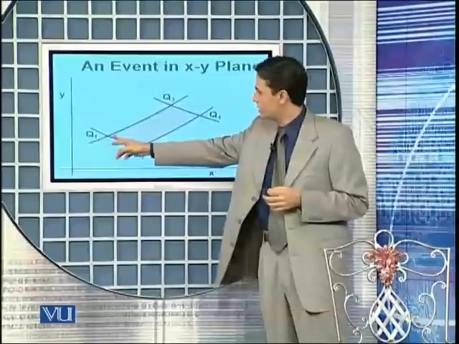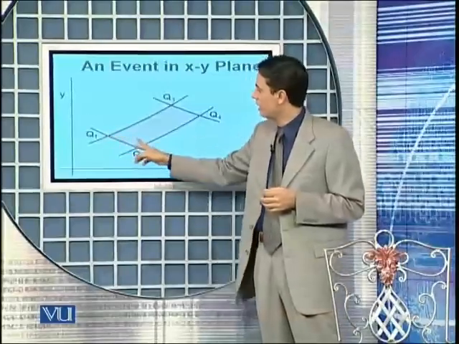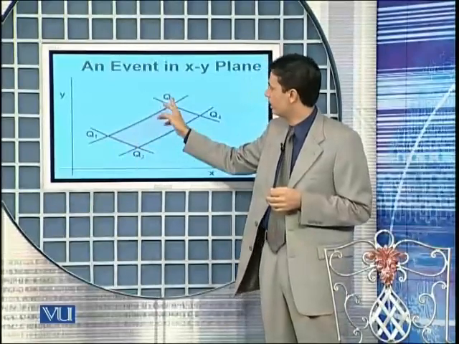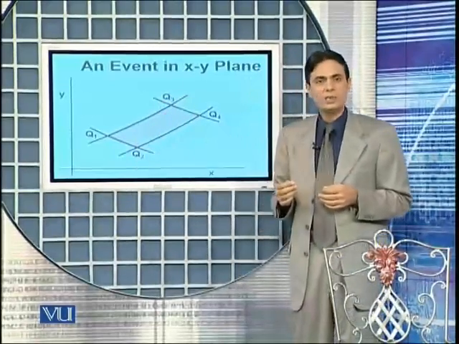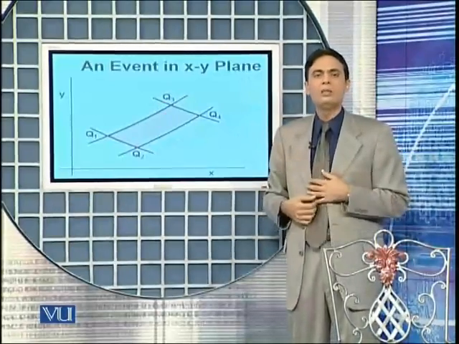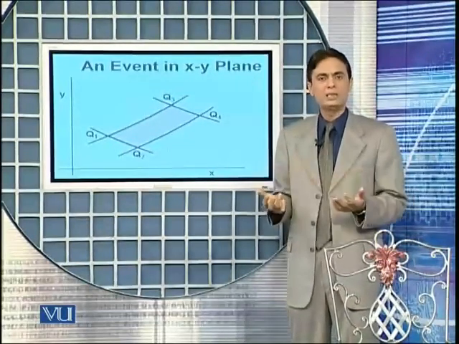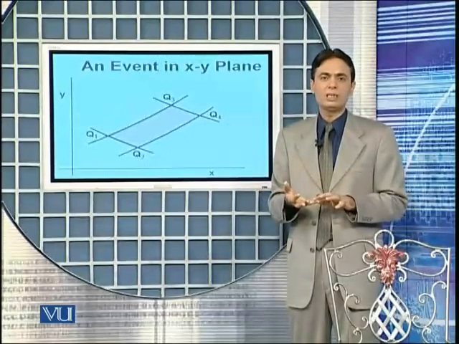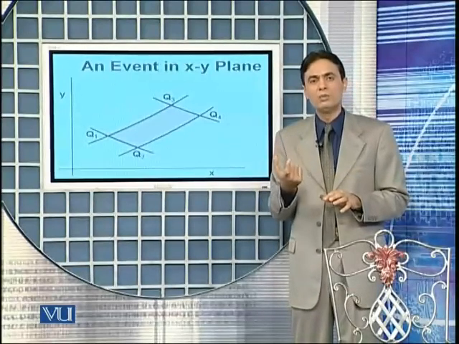Hence, the coordinates of Q4 will be slightly complicated because they will involve both movements and both partial derivatives, but they are given in your handouts or any other good textbook, so you can consult that. The point is, if this coordinate is x comma y, the coordinates of this point and this point are easier to find by relying on an extension of Taylor series, where we take partial derivatives and multiply them with the movement on the UV plane.